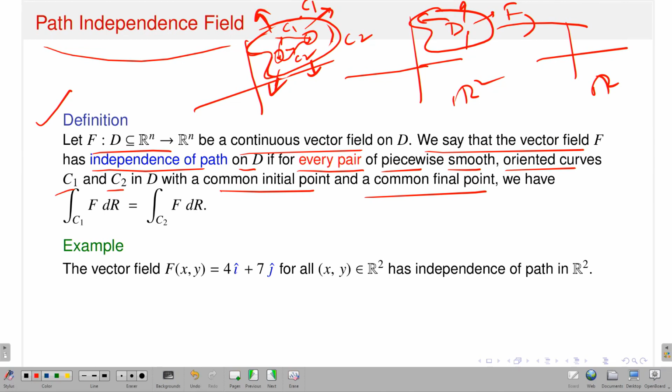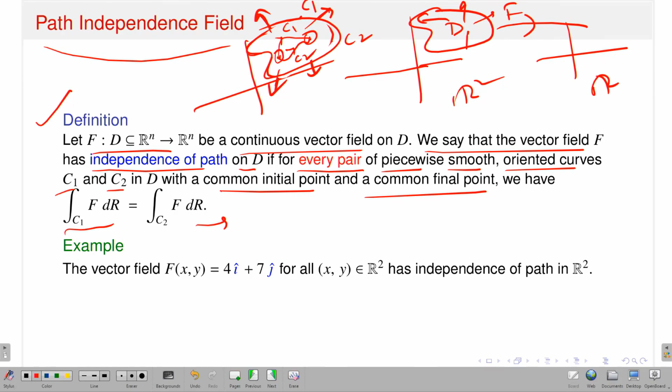So if I take two piecewise smooth oriented curves in my domain D with the same initial point and same final point, then what it says is that the path integral of my vector field capital F on C1 is the same as the corresponding path integral of capital F over C2.